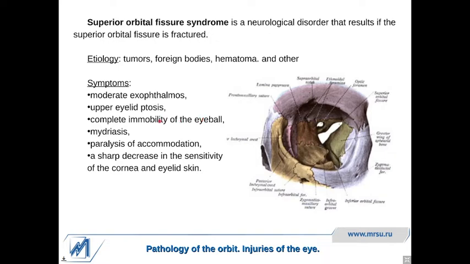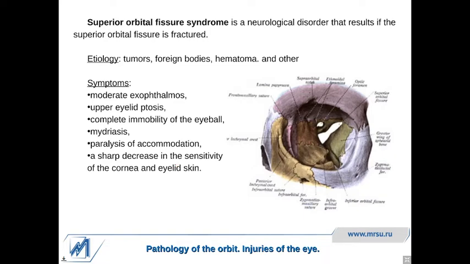Mydriasis is due to damage of the oculomotor nerve. Paralysis of accommodation is because of problems with muscles in the ciliary body and oculomotor nerve problems. A sharp decrease in the sensitivity of the cornea and eyelid skin is due to problems with the first branch of the trigeminal nerve.